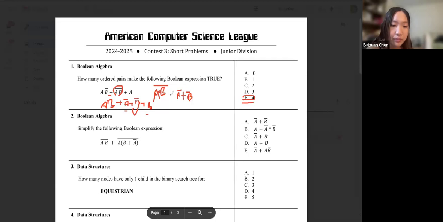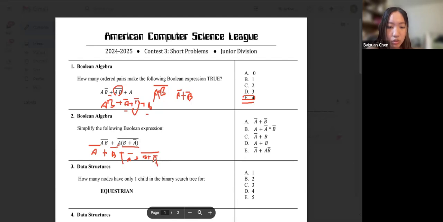So it'll be four. And to simplify this, we can use the rule above again and do not A plus not B. To separate this out, we can pretend this is one value and this is one value. So we have not A plus not B plus not A again.